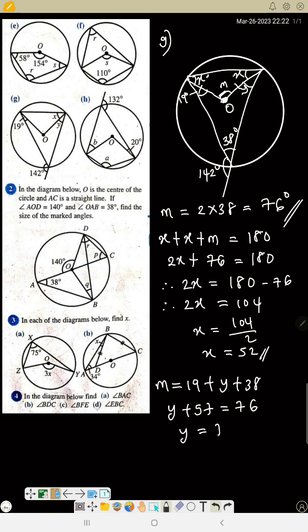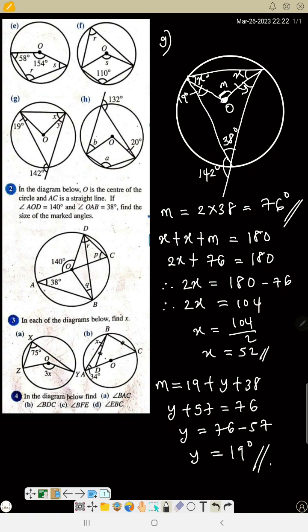So y is equal to 76 minus 57. So y is equal to 19. So the angle there is also 19. So that means the two angles are equal.